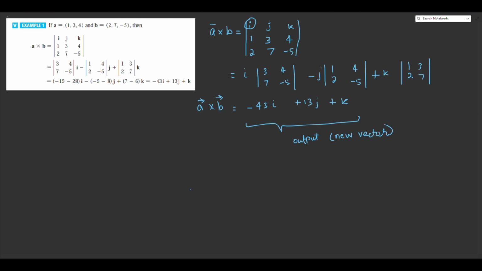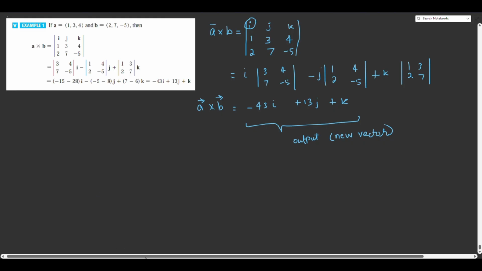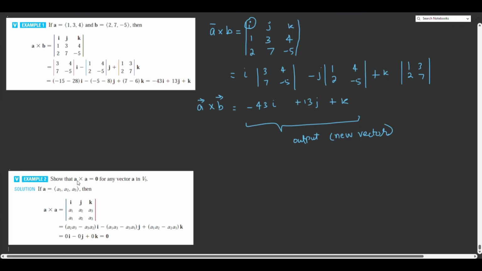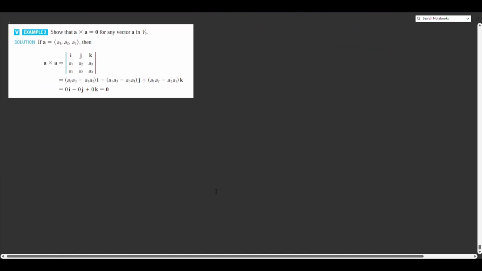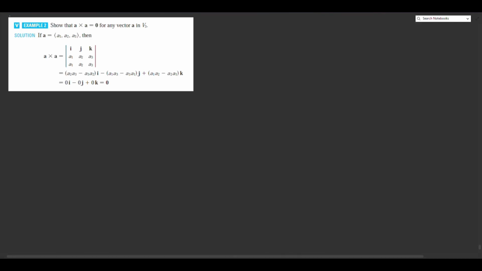There are a few things you need to remember, for example, if we want to find the cross product of a vector with itself. So in this example number 2, we want to show that A cross A equals 0 for any vector in V3.